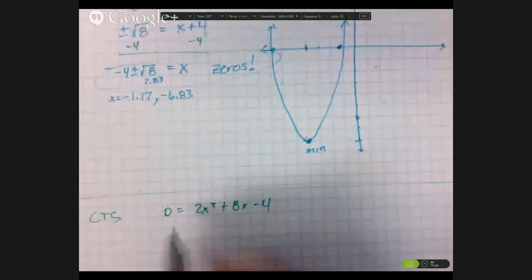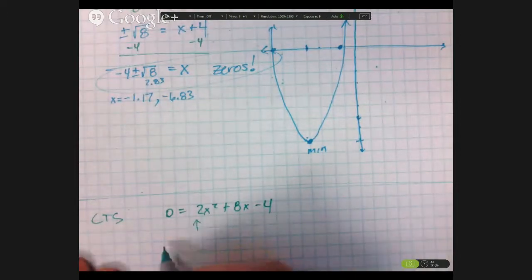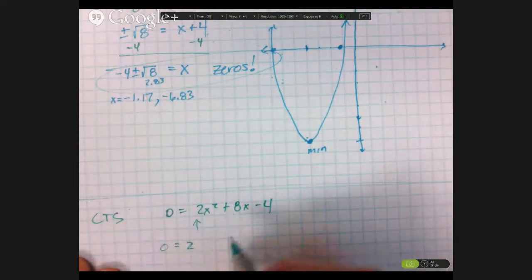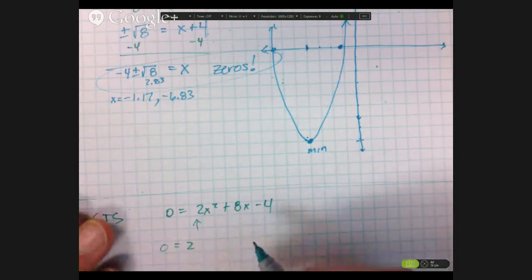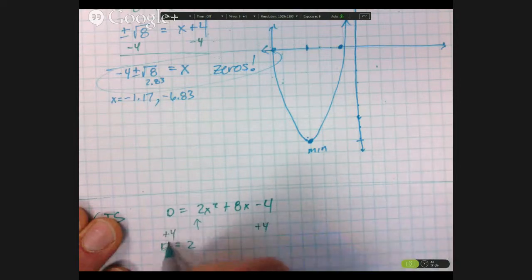What if there's a 2 here? Yeah, you have to take it out. So your first step would be, actually, I would add 4 first. And then I would take a 2 out.